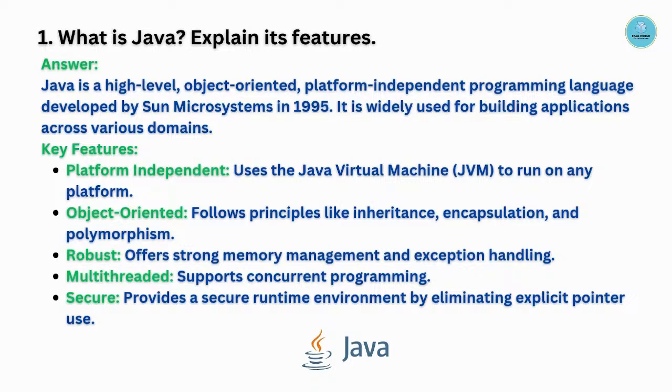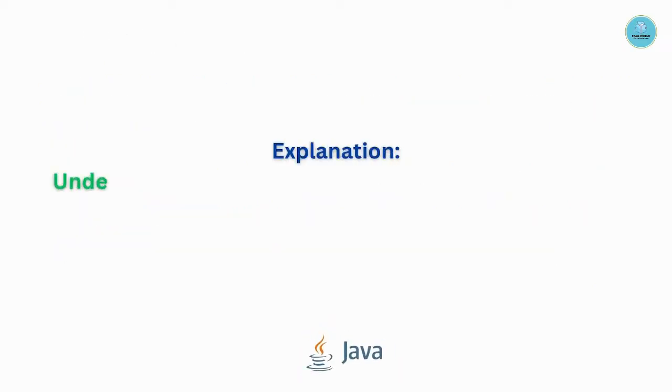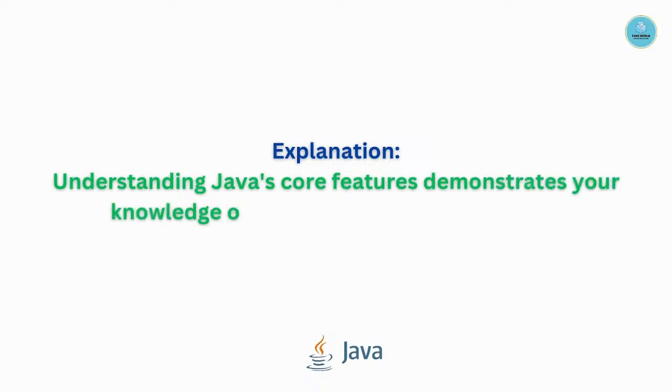It offers strong memory management and exception handling. Multi-threaded. It supports concurrent programming. Secure. It provides a runtime secure environment by eliminating explicit pointer usage. Understanding Java's core features demonstrates your knowledge of why Java is preferred in many applications.